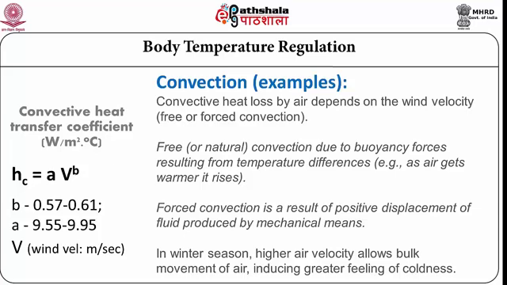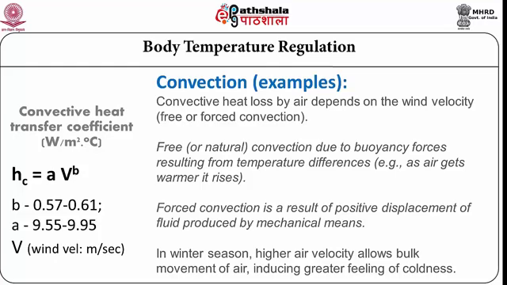When velocity is increased, we call it forced convection, which means positive displacement of fluid produced by some mechanical means. For example, in winter, higher air velocity allows bulk movement of the air, resulting in a feeling of greater coolness.